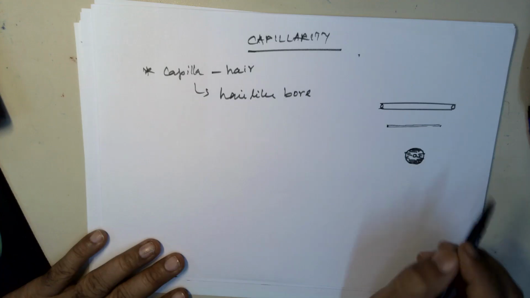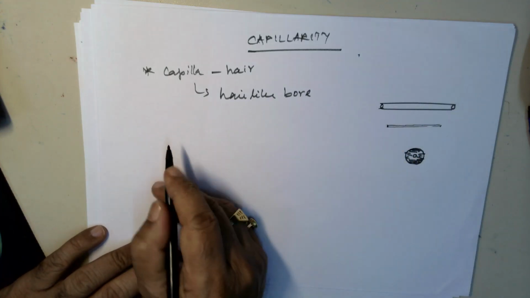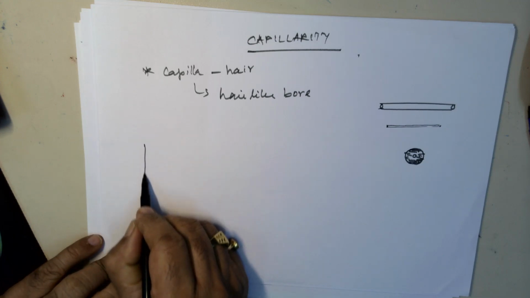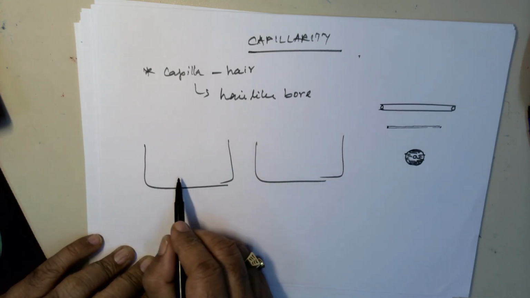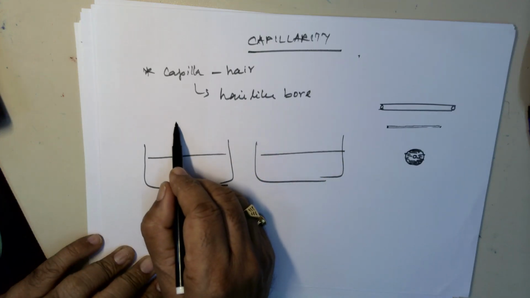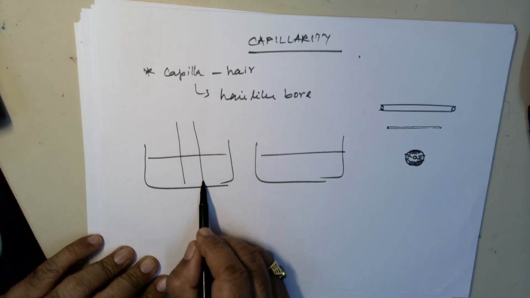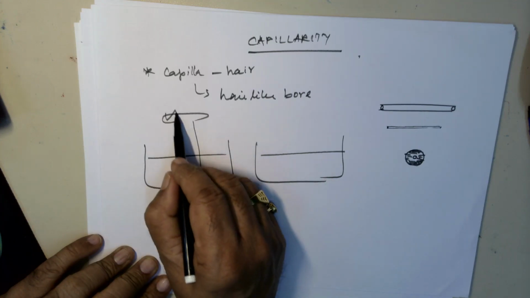Do you understand this? When you keep, for instance, not only a capillary tube, let me have a setup. Let me invert a wide jar with liquid in it.